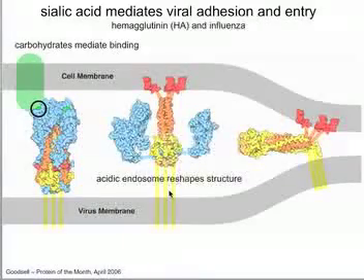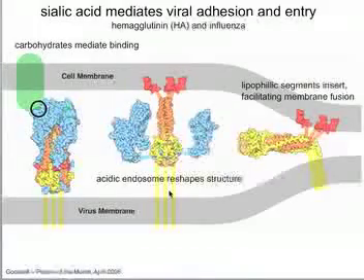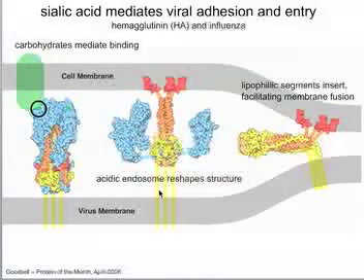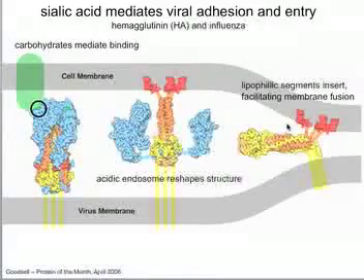Acidity reshaping the structure, the reshaped structure involving exposure of hydrophobics that insert into membranes, facilitating membrane fusion. So now remember what's happened is that the virus has been brought in wholesale into the endosome, but now because of the organization of these hydrophobic elements, membrane fusion can occur, and the contents of the virus itself can be spilled into the cell. That's infection.